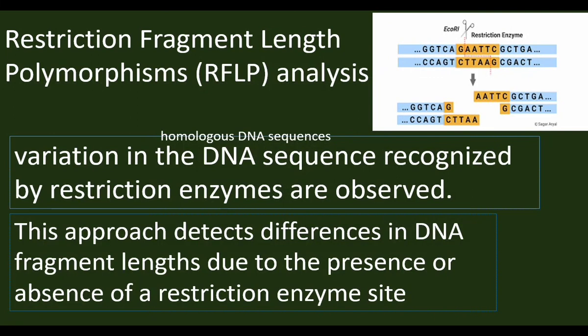Restriction enzymes of a particular type will cut the DNA of a particular species. It will not cut another. So there will be a difference in the length. By means of analyzing the length, the species is analyzed.